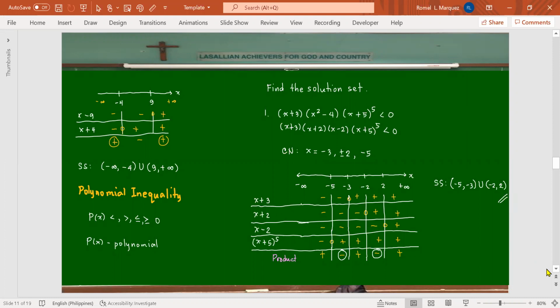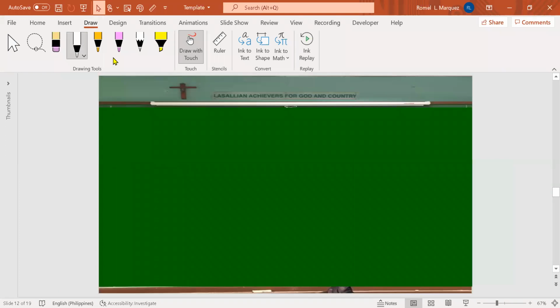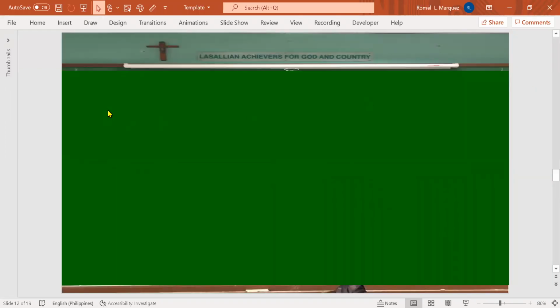Okay. So, do this. Solve. I will put this as additional points only. Solve: x plus 3, quantity to the 4th, times x squared minus 4x minus 5, times 7 minus 2x, greater than or equal to 0.